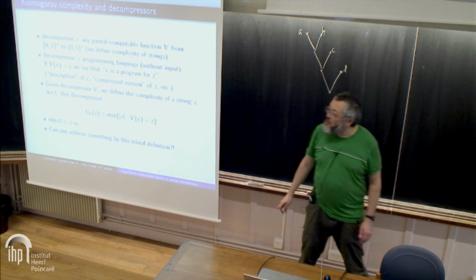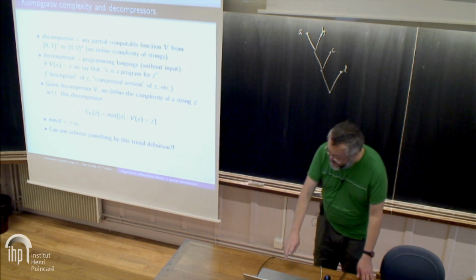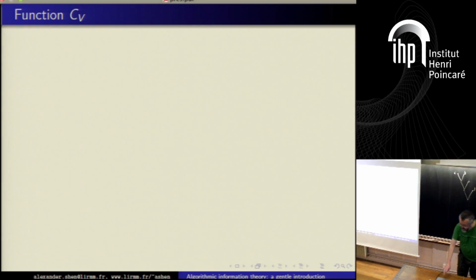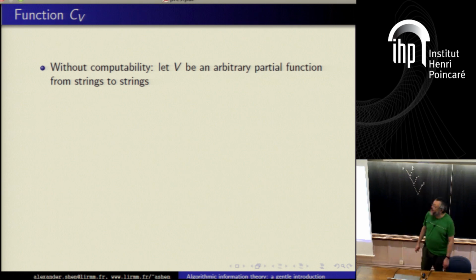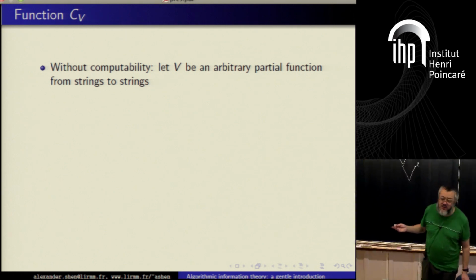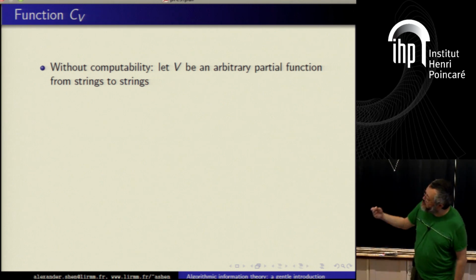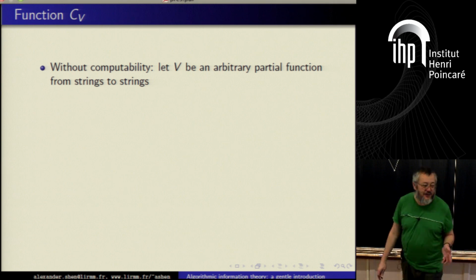So, just to see that this is very simple and almost trivial, let's imagine that we do not require V to be computable. Imagine that V can be an arbitrary function. So this mapping from descriptions to strings, or from programs to outputs, can be just an arbitrary function.